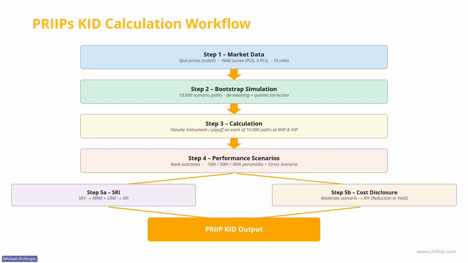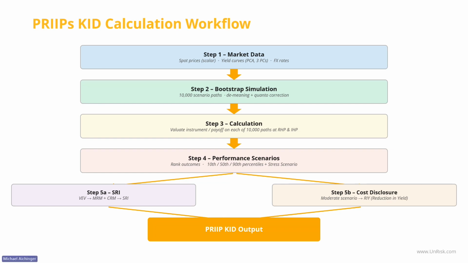Based on these distributions, you can then also calculate the VaR equivalent volatility to get the summary risk indicator by combining the market risk measure with the credit risk measure, and you can apply the cost disclosure by changing the annualized return values and calculating the costs as nominal values and as impacts to the returns.